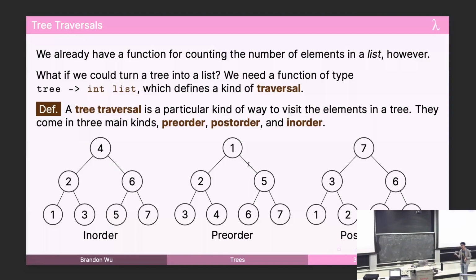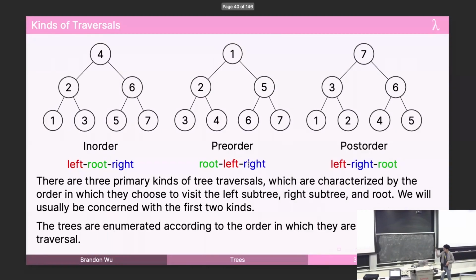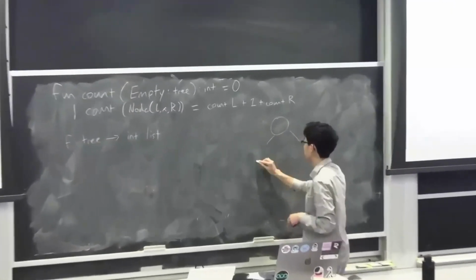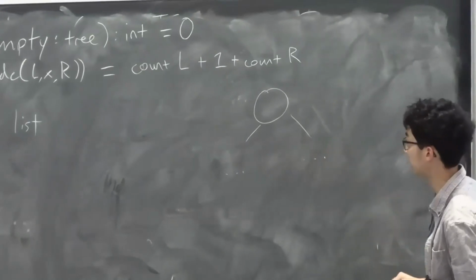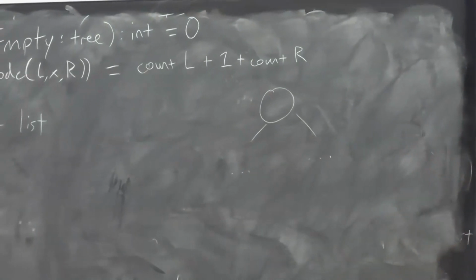On this next slide, I'm going to tell you exactly the philosophy that goes with each of these traversals. For all these traversals, you only have 3 choices. If I'm looking at a node, I'm here, and I have a left subtree that I haven't looked at, and I have a right subtree here. I have 3 choices.